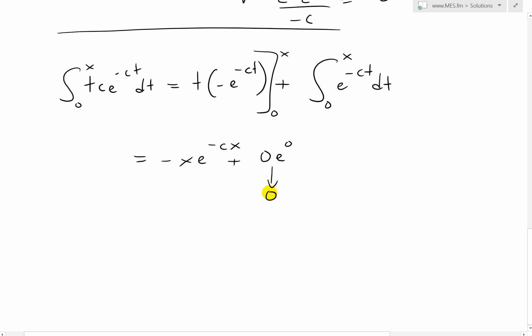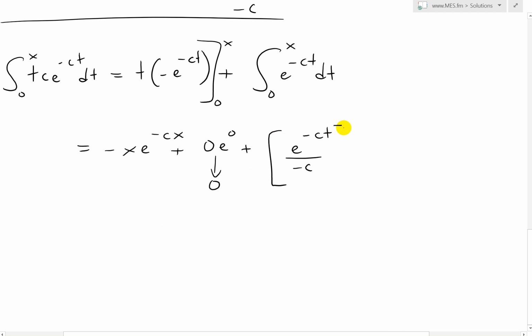And then this part right here, plus the integral, we get e to the negative ct, since the integral of the exponential function is itself, divided by the constant negative c. Again, evaluate this from 0 to x.